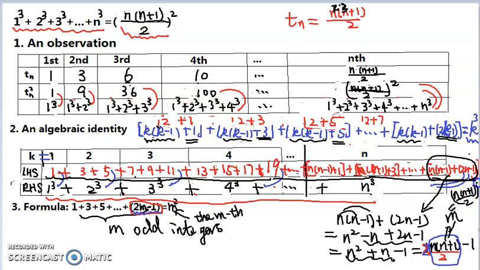And notice this is exactly the triangular number squared. So that goes back to the very beginning, the identity we wanted to prove. The last step we did was to look at the last odd integer, because we know the left-hand side is equal to the sum of a bunch of odd integers. We found that the last odd integer is this, which can be written in terms of the triangular number squared.